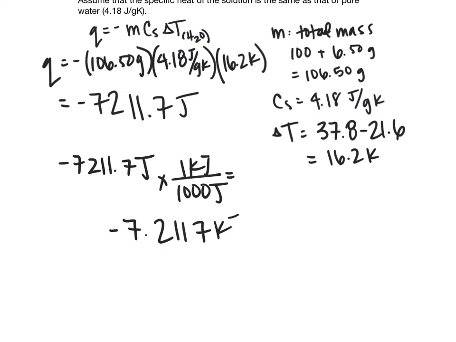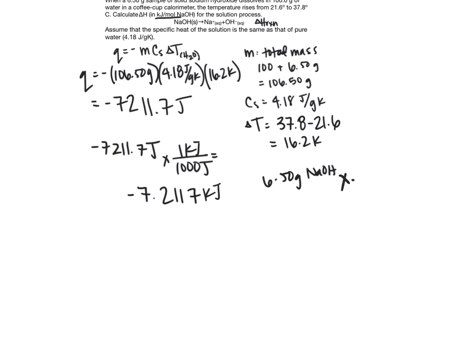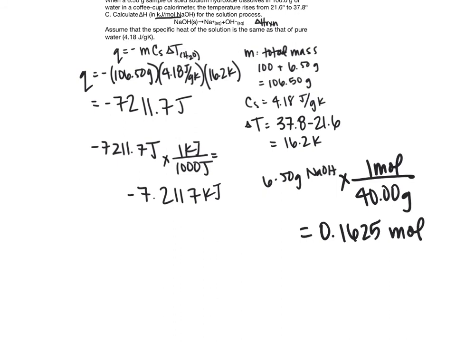But again, it asks for it per mole, so we're going to take our 6.50 grams of sodium hydroxide. We're going to use the molecular weight of sodium hydroxide, which is 40.00 grams in 1 mole. We're going to get 0.1625 moles.